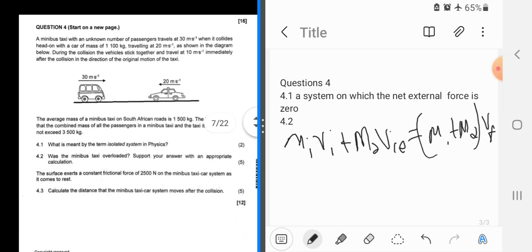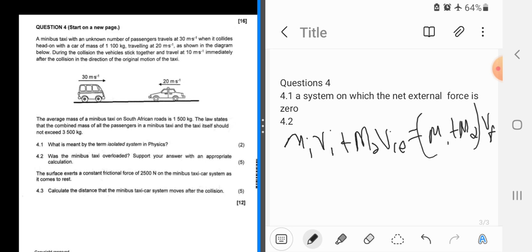We have initial momentum 1 plus initial momentum 2.